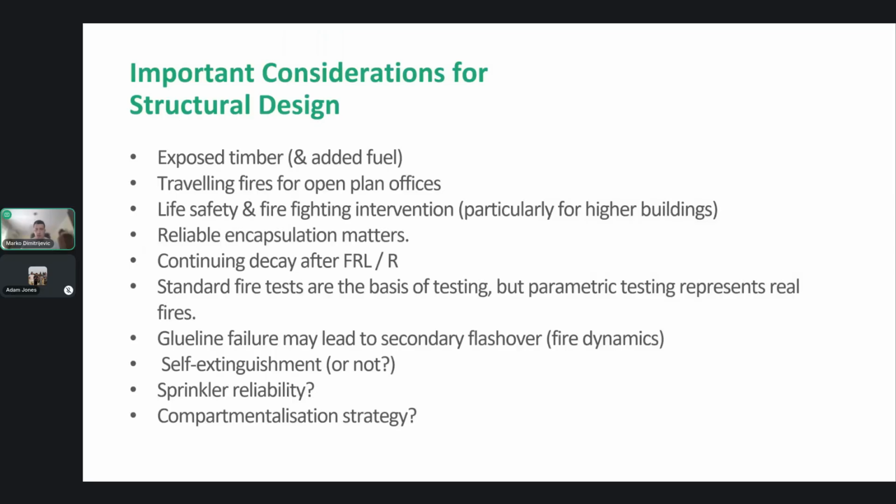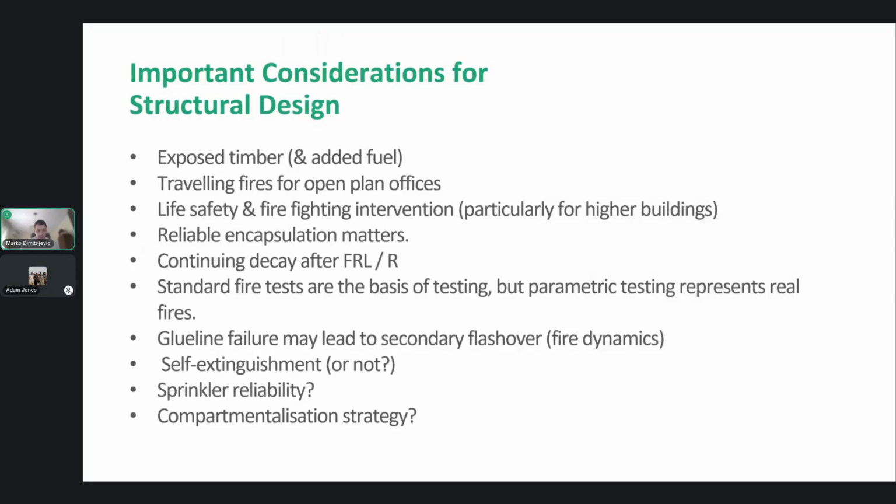Then what about reliable encapsulation and connections? What about continuing decay after the FRL has been achieved? There is the idea that standard fire tests are the basics of testing, but parametric testing represents real fires. Also glue line failure, which may lead to secondary flashover.